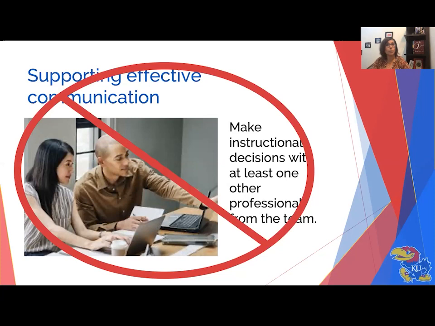The teacher wasn't purposely leaving the therapist out. It was just the hectic life of the school that prevented her or made her not recognize that she needed to talk to somebody else. So in this particular situation, we discussed having more regular team meetings between the teacher and the SLP to avoid similar mistakes.